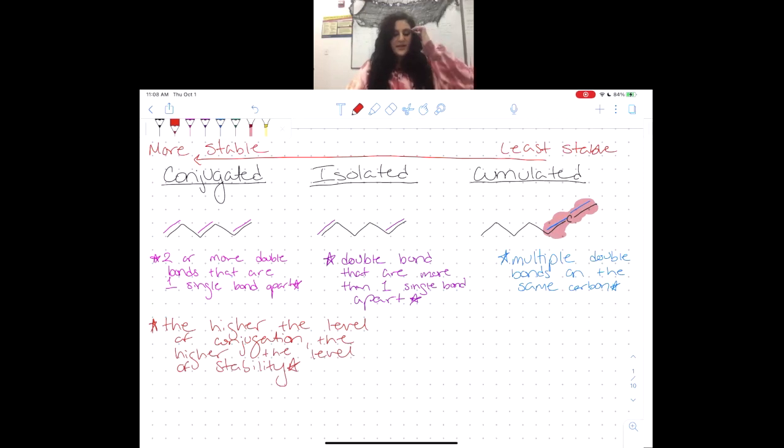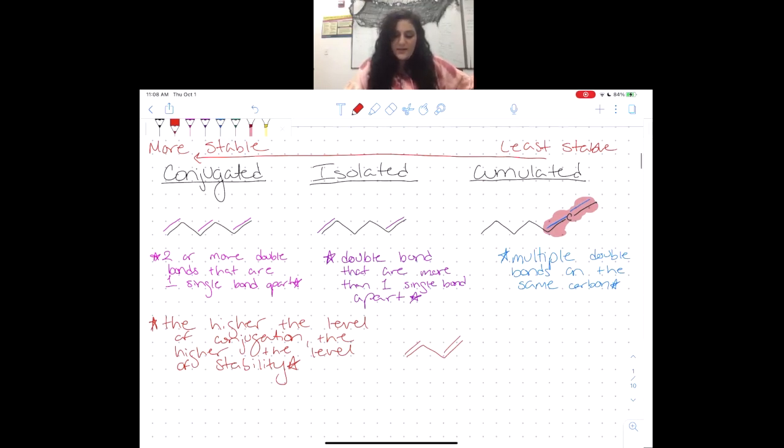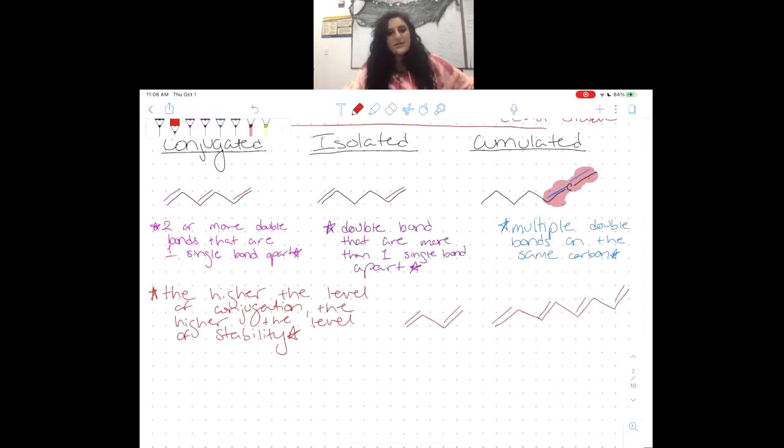And what I mean by that is the more double bonds that we have in conjugation, the more stable you will be. So if you have a molecule like this with 2 bonds in conjugation versus this with 4 bonds in conjugation, the 4 double bonds in conjugation has a higher level of conjugation, therefore it is more stable.